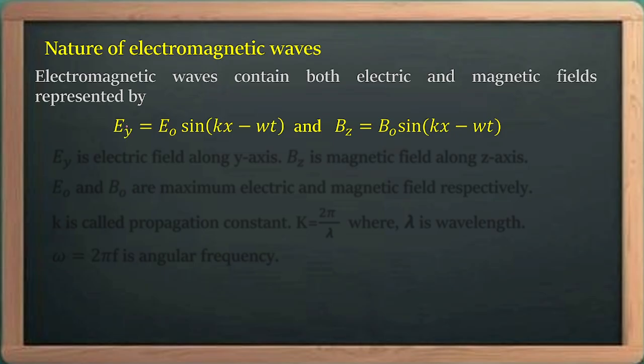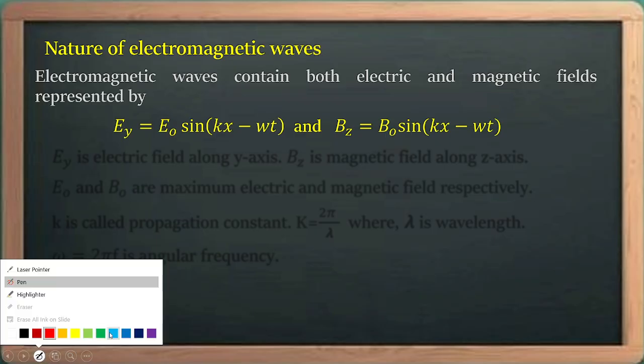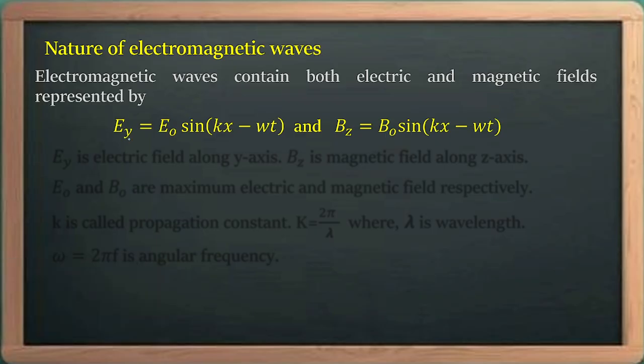So here we have Ey, that is the electric field oscillating along the y-axis, and its peak value is given by E naught, the maximum value. In the same way we have Bz, the magnetic field vibrating along the z-axis, and its peak value is B naught.